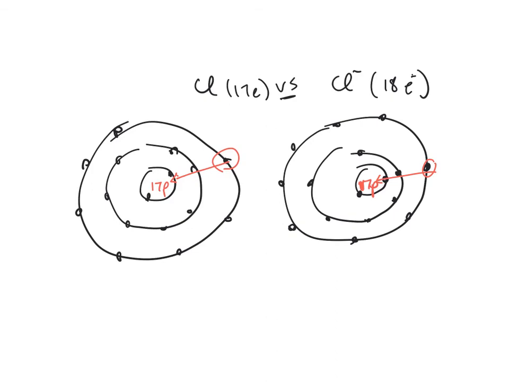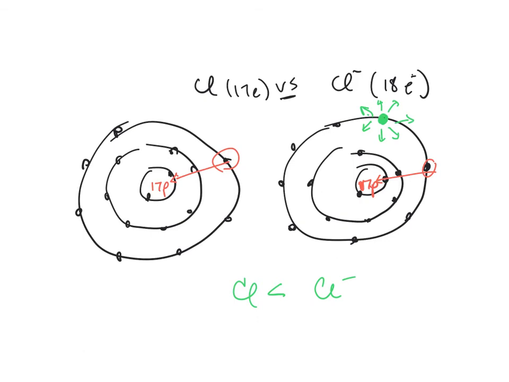The issue is that you have one more electron that is not balanced by an 18th proton. So this is what makes it the negative charge, but there's nothing to offset it. So it has the effect of pushing out the other electrons in the shell, and it causes the whole shell to increase in size in order to accommodate it. And that's the reason why the chloride is going to be larger than chlorine.